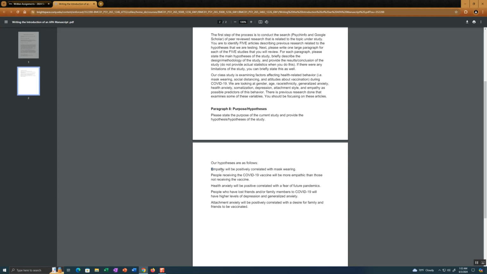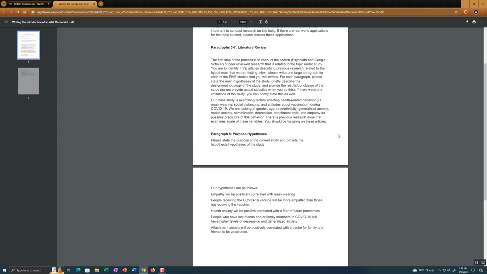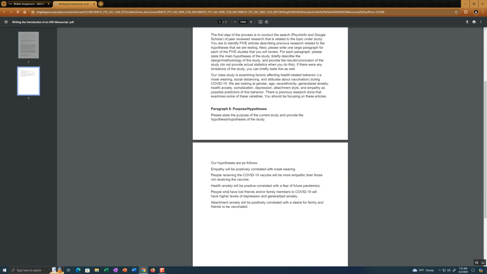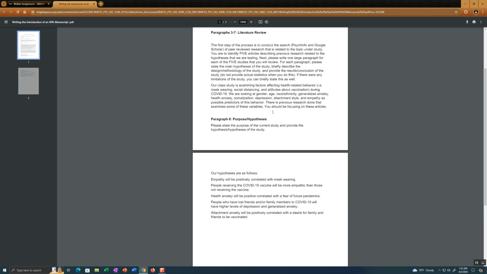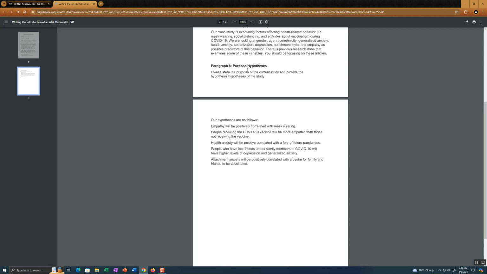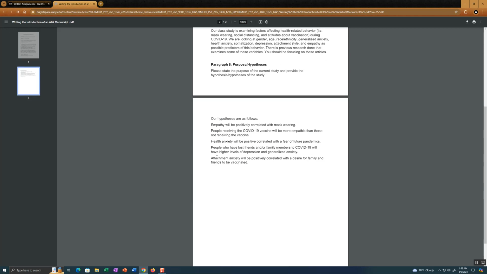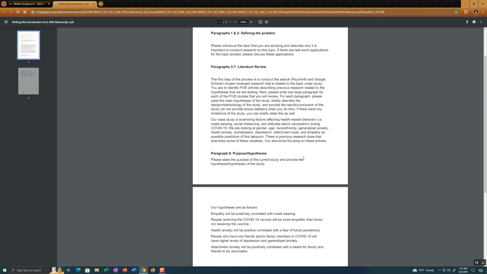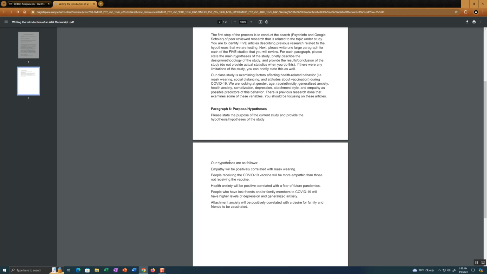Paragraph 4 is one article corresponding to hypothesis 2. Paragraph 5 is one article corresponding to hypothesis 3. Paragraph 6 is one article corresponding to hypothesis 4. And paragraph 7 is one article corresponding to hypothesis 5. That gives you your 7 paragraphs, and the last paragraph is just these 5 hypotheses written in paragraph form.